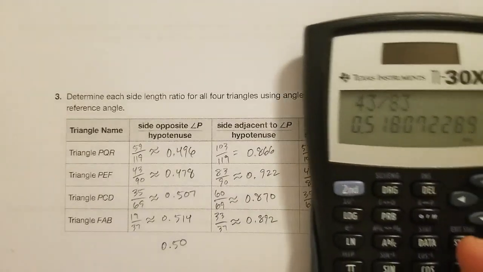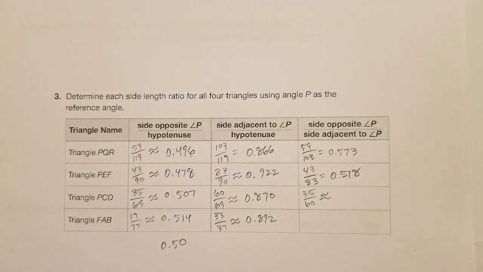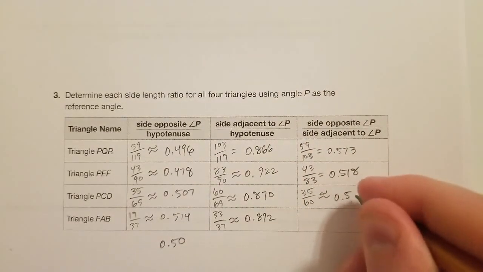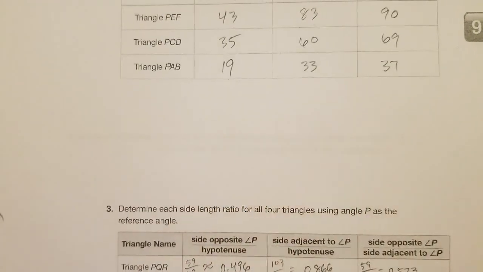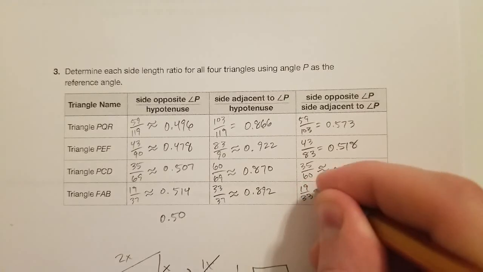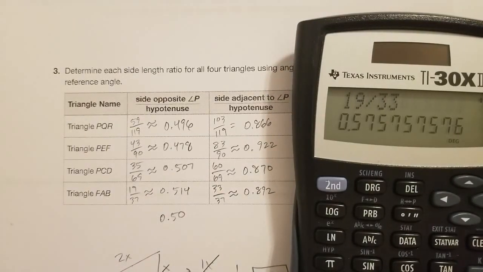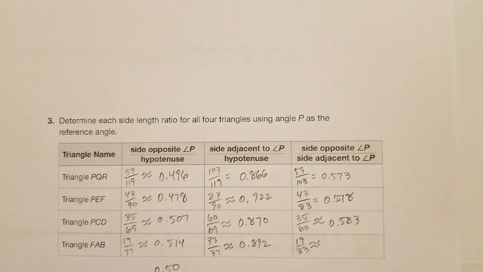And again, that's about 0.583. And then the last one is 19 over 33. This is about 0.576.